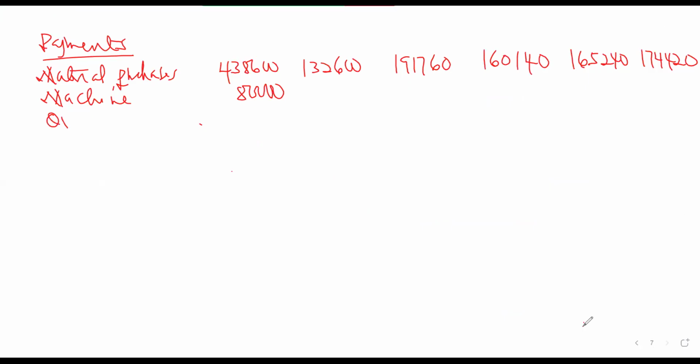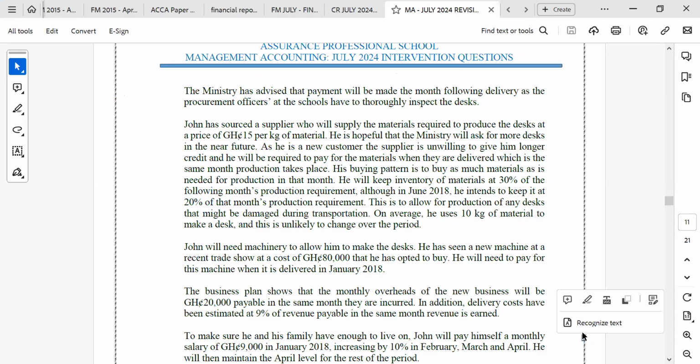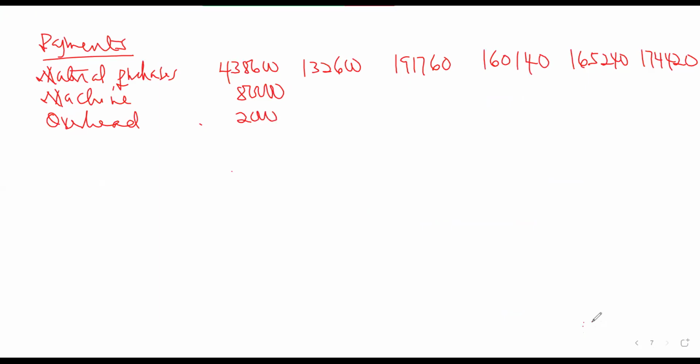The overhead will be paid in the months in which they are incurred. So 20,000 will be paid for in all the 6 months. So 20,000, 20,000, 20,000. So dash, dash, dash, dash here. 20,000, 20,000, 20,000, 20,000.